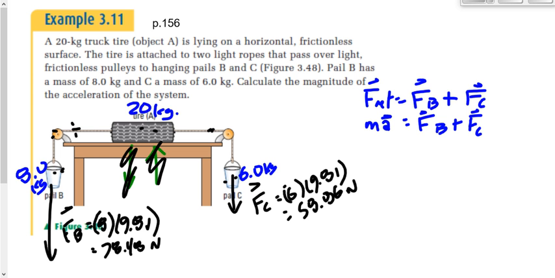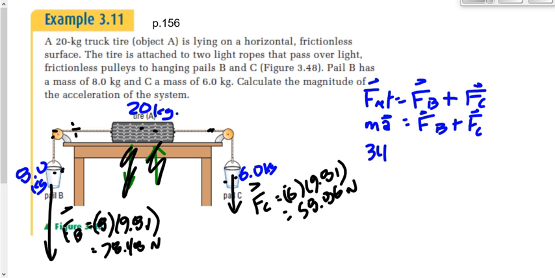And then we say what? M is, interesting here, M. I got 3 of them. What do I use? 8, 26, what? Yeah. 20? Yeah, it seems like it might be the 20, doesn't it? It's not right, though. Yeah, we got to use all of them. It's 34 kilograms.